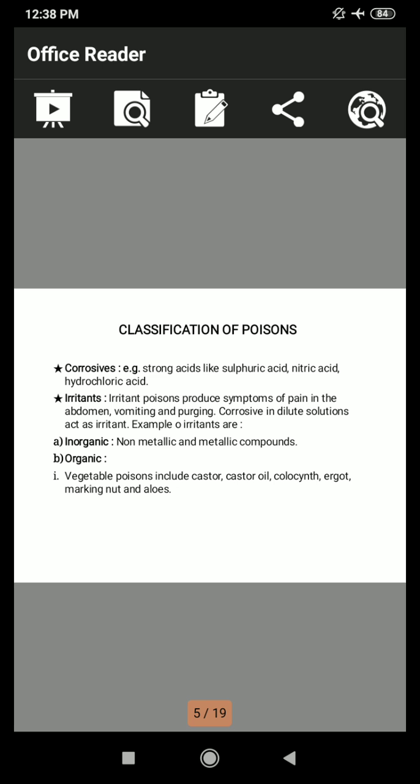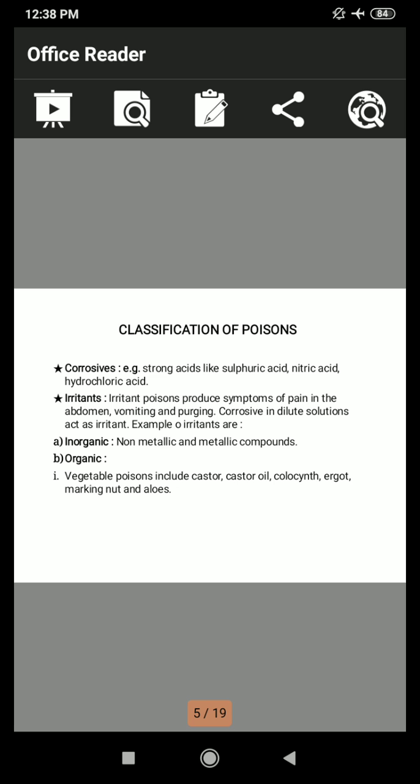A corrosive poison is a highly active irritant that produces not only inflammation but also acute ulceration of tissue. For example, strong acids like sulfuric acid, nitric acid, and hydrochloric acid.